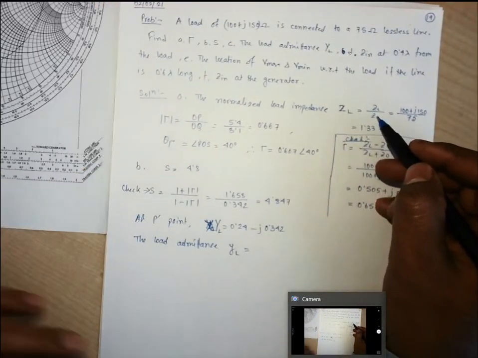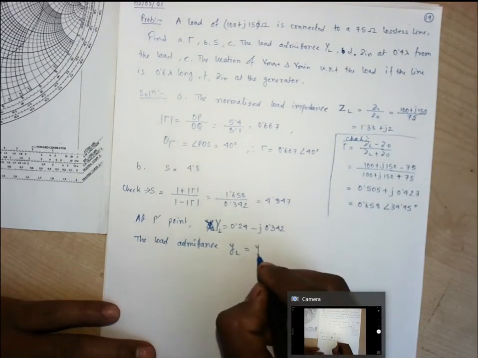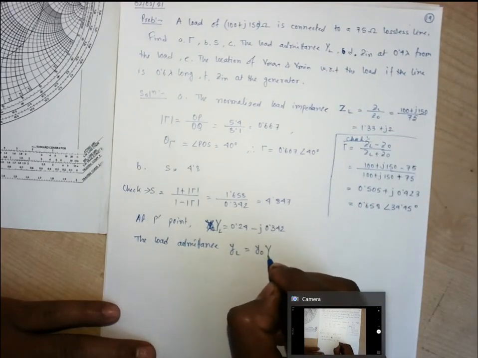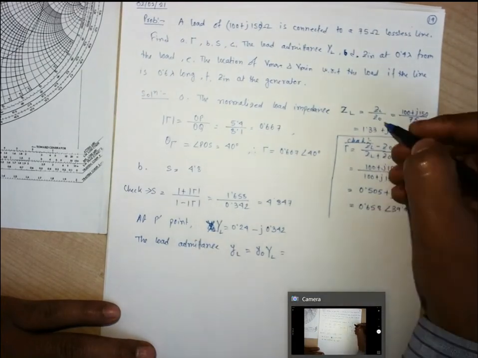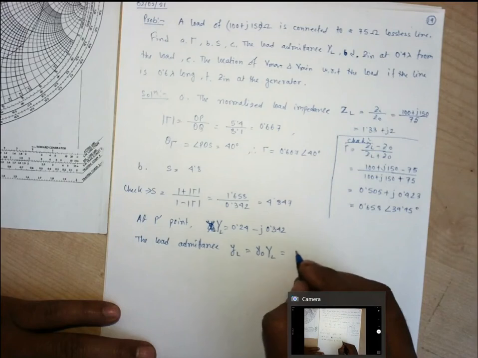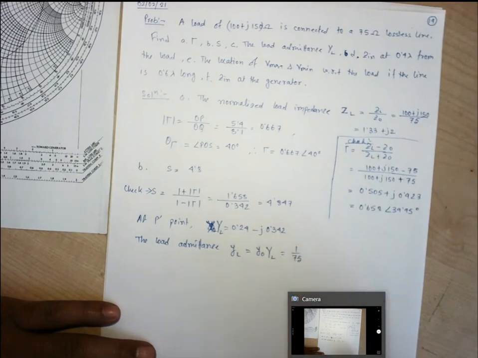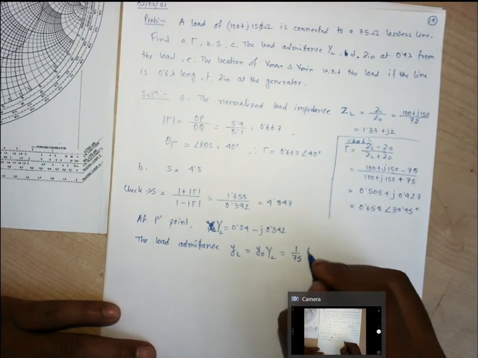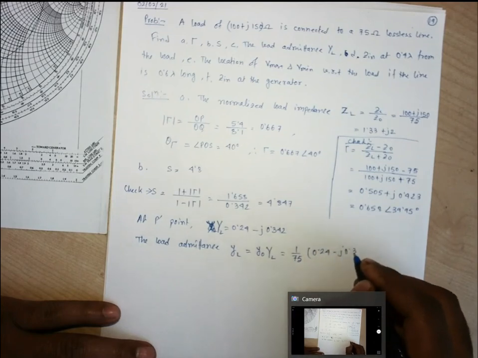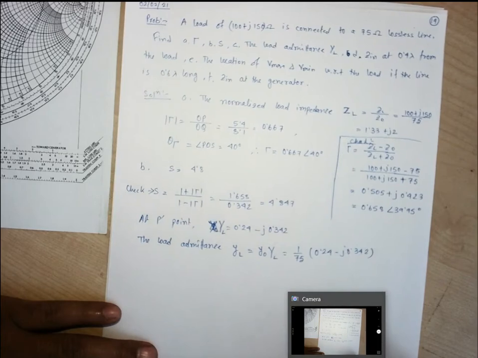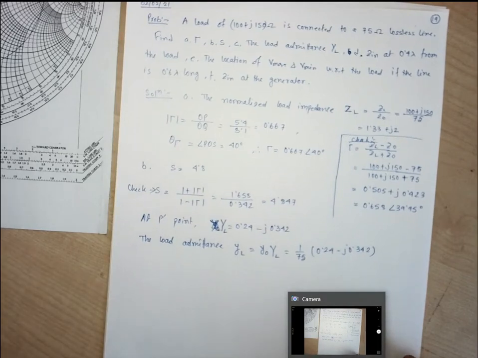Y naught is 1 by Z naught, that is 1 by 75, into 0.24 minus j 0.342. So let us multiply this value.